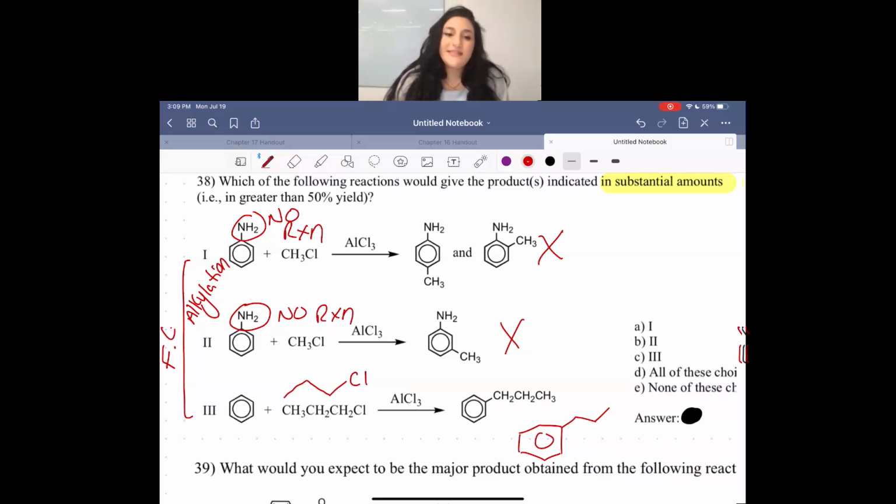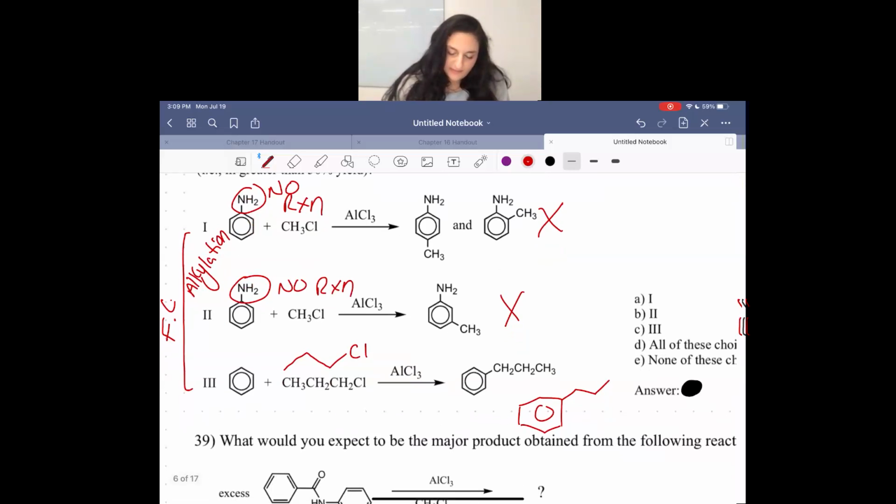And the reason is, in a Friedel-Crafts alkylation, we get a carbocation. Yes, and we get a rearrangement. So this is not the most stable carbocation. This is, we did a hydride shift. And so this is what's added to the benzene ring.